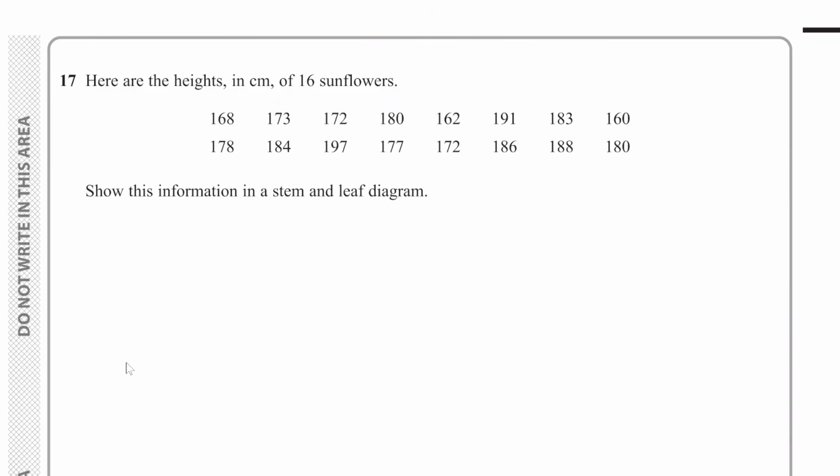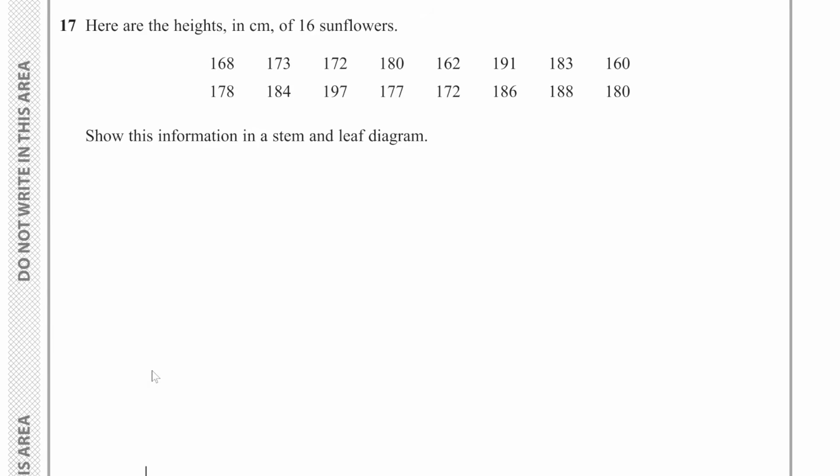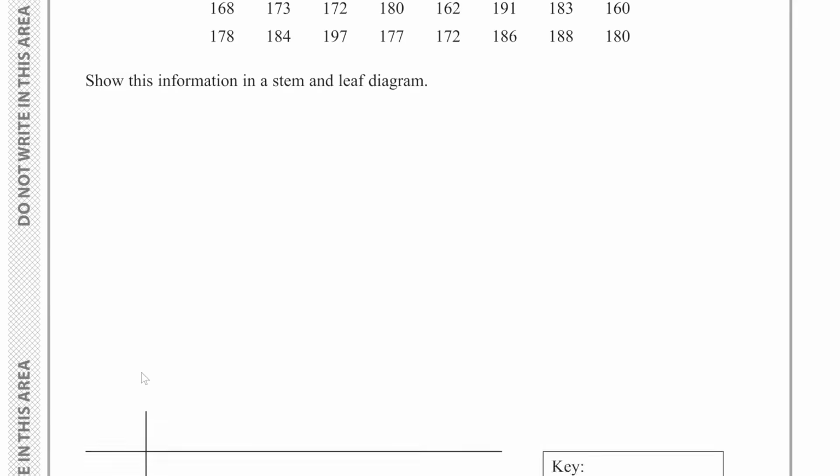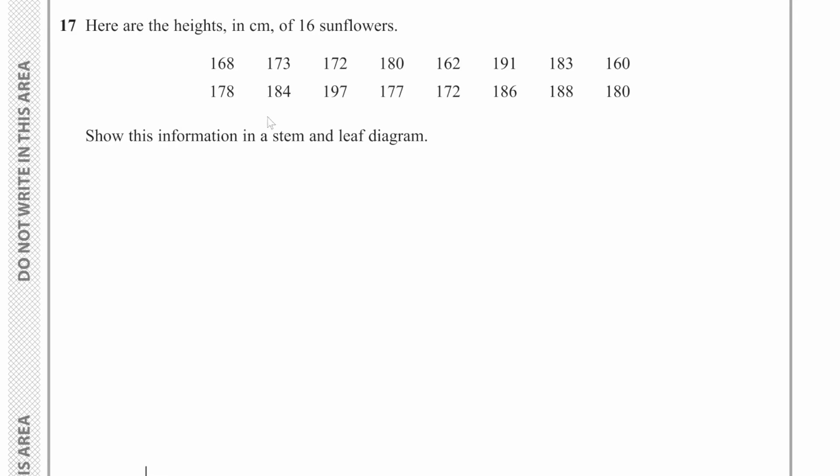A stem and leaf. So here are the heights in centimeters of 16 sunflowers. Show this information in a stem and leaf diagram. We're going to have the stems as our tens. So 16, 17, 18, and 19.